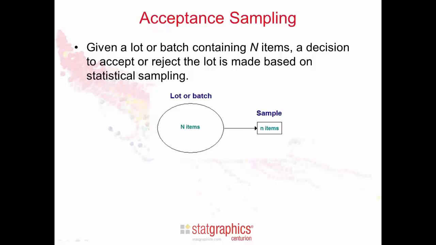So we're going to take and inspect or measure a subset of the items in the lot, and based on that sample, make the decision either to accept or reject. In Statgraphics, the acceptance sampling procedures are contained under SPC on the main menu.